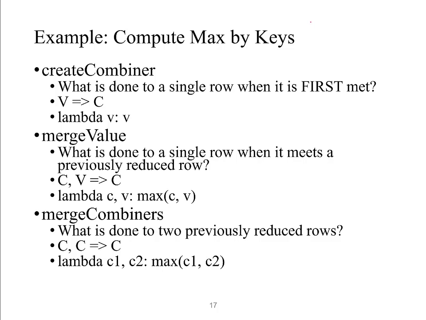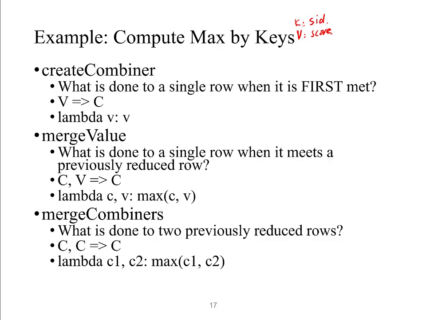So the key would be the student ID, and the value is their score. So basically, one student took multiple courses, therefore has multiple scores. We want to know the maximum one, right?